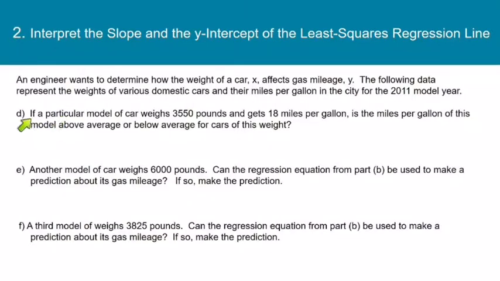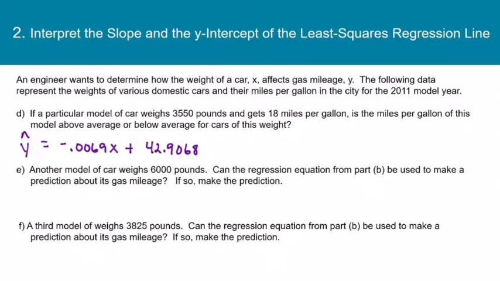Okay, now continuing with this example, it says if a particular model of car weighs 3,550 pounds and it gets 18 miles per gallon, is that mileage above or below average for cars of this weight? Well, let's take our regression equation, and we know that this can be used to predict miles per gallon if we input a weight.